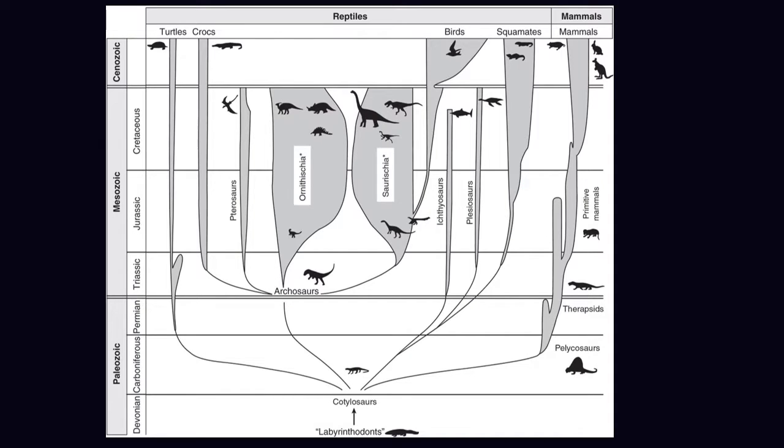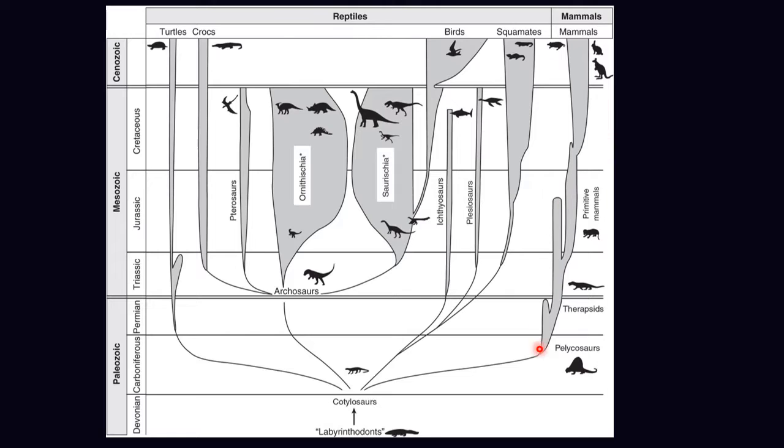And if we just look at this diagram, again, a little review, the overall pattern of tetrapod evolution is, well, amphibians aren't on here, but amniote evolution is we have the reptiles here, the mammals here.